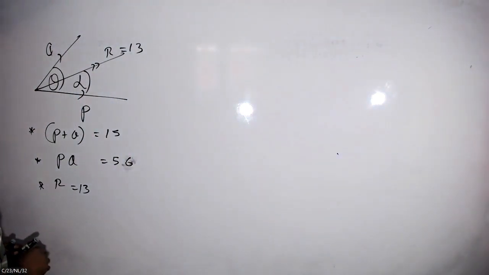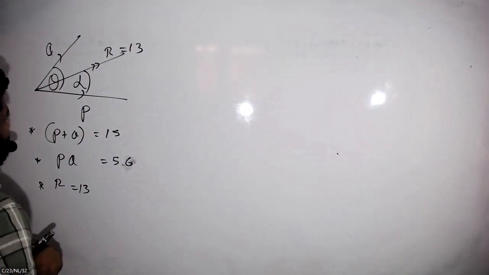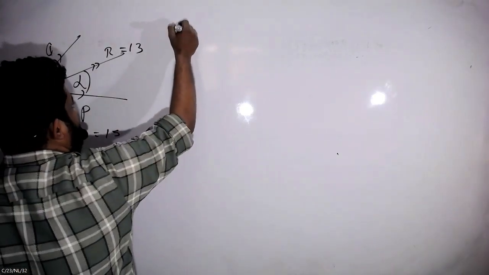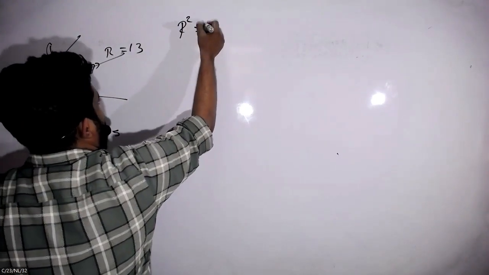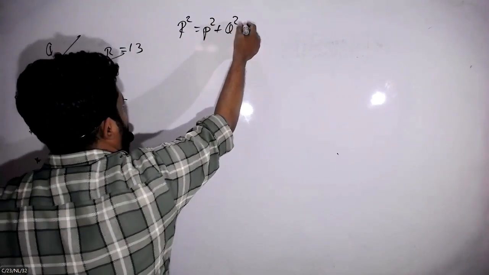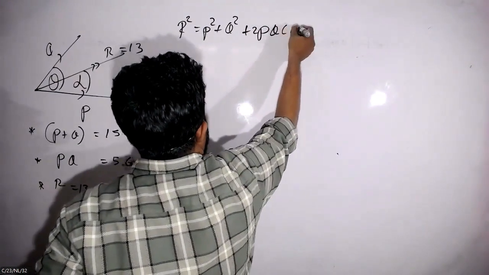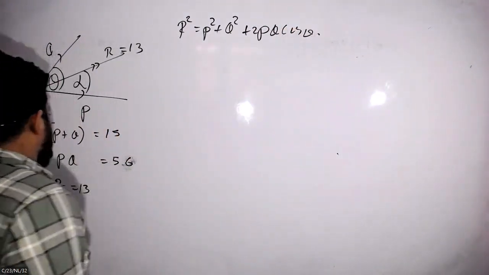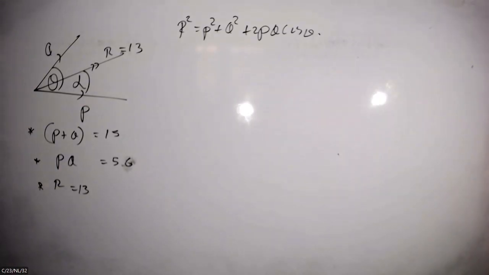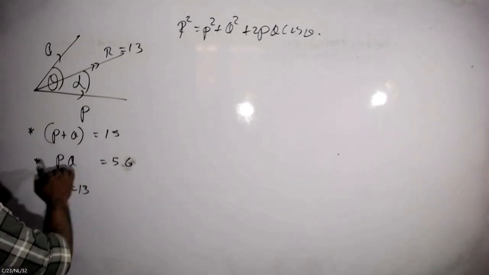Let me explain. To find the resultant of P and Q, you can apply the parallelogram law. R squared is equal to P squared plus Q squared plus 2PQ cos theta. But the values of P and Q are not given. But you can find the value of P and Q by using the given data.